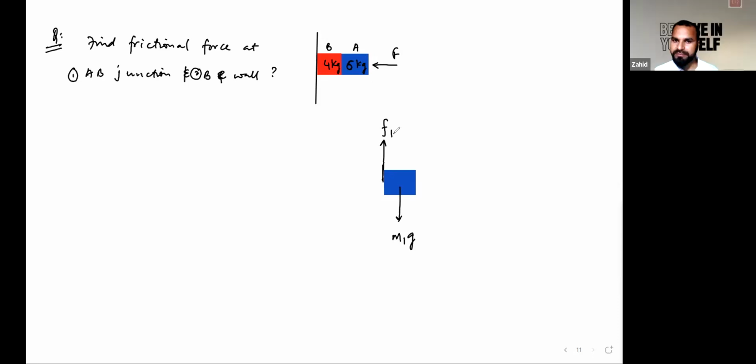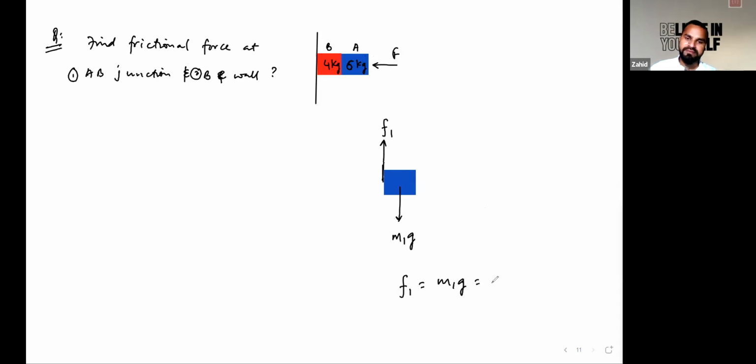So using this FBD, what do you conclude about F1 and M1G, whether they should be equal or not? Since there is no movement in this block, the total upward force must be equal to the total downward force.